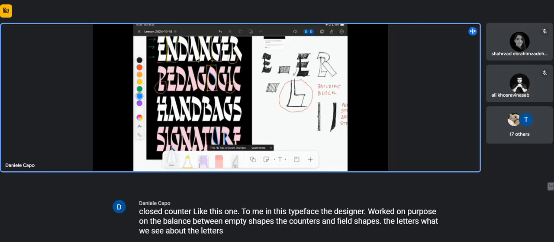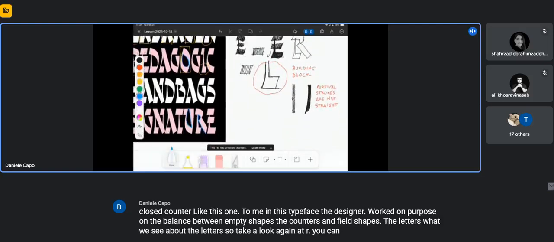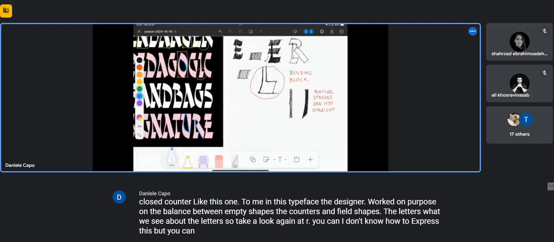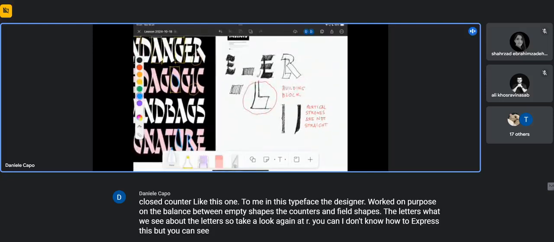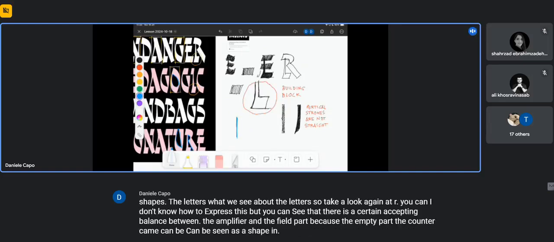So take a look again at R. I don't know how to express this, but you can see that there is a certain balance between the empty part and the filled part, because the empty part, the counter, can be seen as a shape in itself.